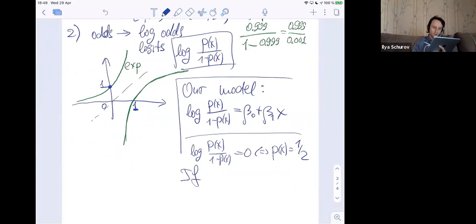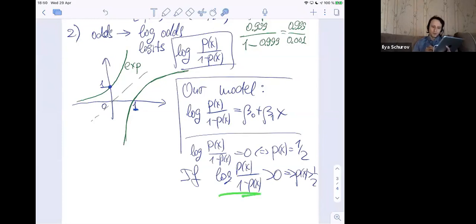So if the log is greater than 0, then it means that p(x) is greater than 1/2. So if these logits are greater than 0, then the probability that we have 1 is larger than the probability that we have 0. Yes, 50-50, correct.